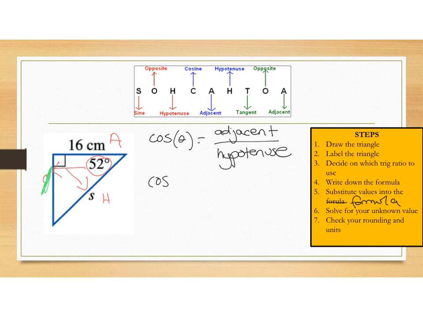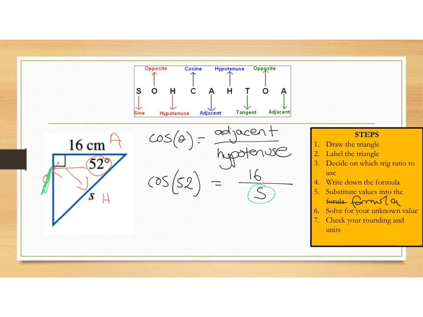So I've got cosine, I know my angle, so I'm going to change that to a 52, is equal to my adjacent, 16 over my hypotenuse S. Okay, this time we've got to do a bit of rearranging to get this S by itself.